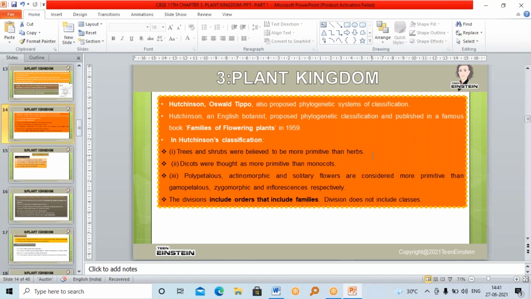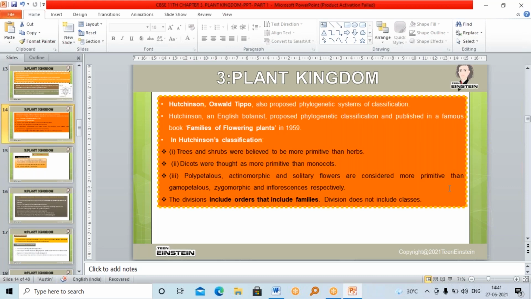In Hutchinson's classification, trees and shrubs were believed to be more primitive than herbs, and dicots were thought to be more primitive than monocots.